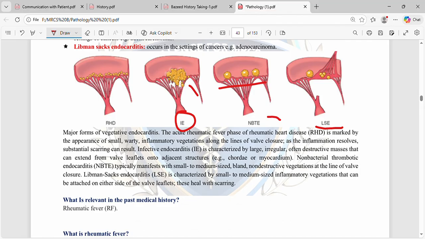Non-bacterial thrombotic endocarditis typically manifests with small to medium-sized, bland, non-destructive vegetations at the line of valve closure. Libman-Sacks endocarditis is characterized by small to medium-sized inflammatory vegetations that can be attached on either side of the valve leaflets. These heal with scarring.